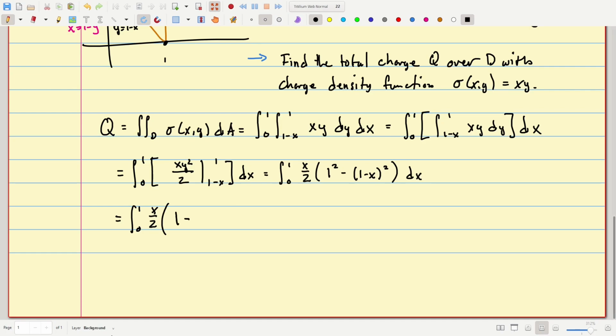So we're going to have 1 minus, and I'm going to write the second part in parentheses, 1 minus 2x plus x squared, as we all believe. So now simplifying this, we're going to get 1 minus 1, which is 0. We're going to get 2x minus x squared here.